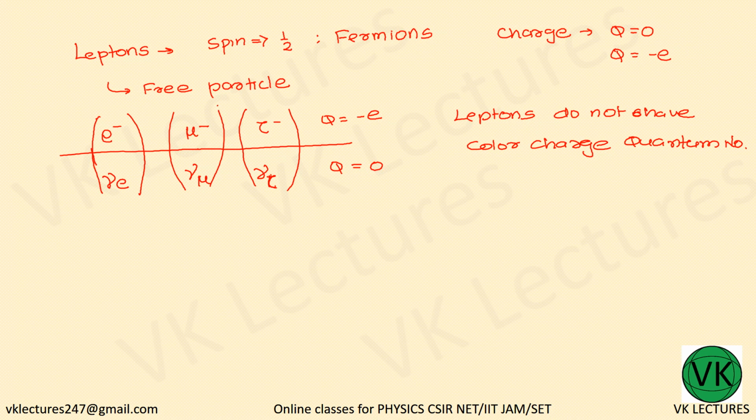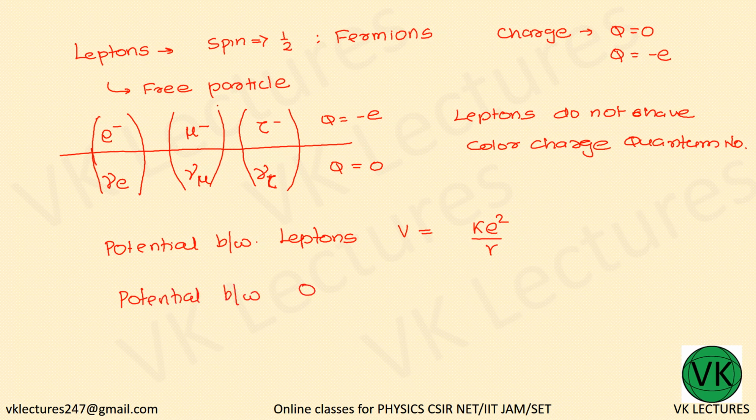Now the potential between leptons is given by V equal to Ke square by R, and the potential between quarks is V equal to minus A by R plus BR, where A and B are some constants.